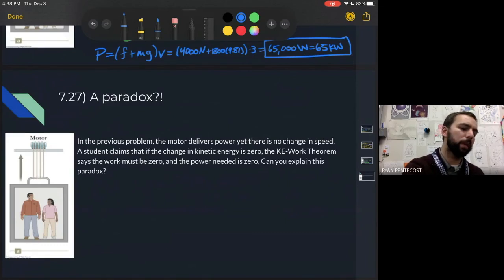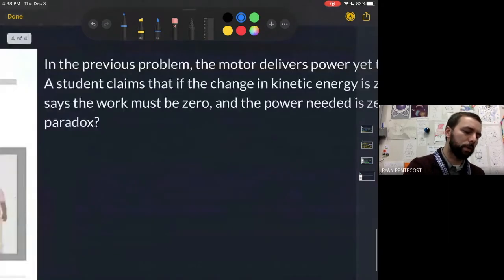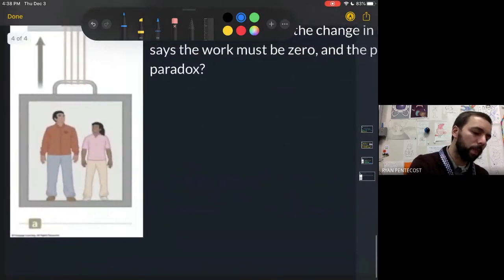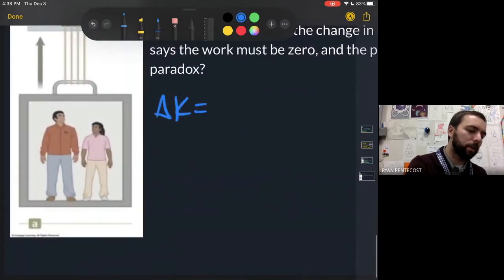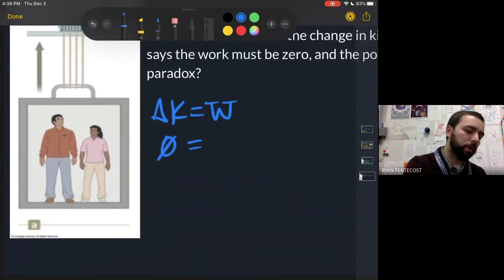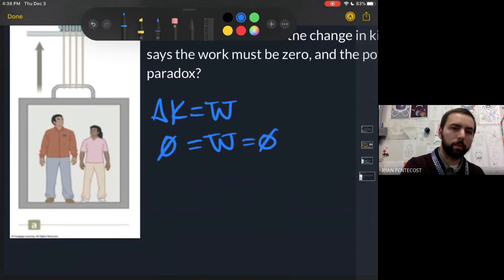So let's break down what the student is saying. The student says that because of the work-kinetic energy theorem, if the change in kinetic energy is 0, that means that work should also be 0, right?